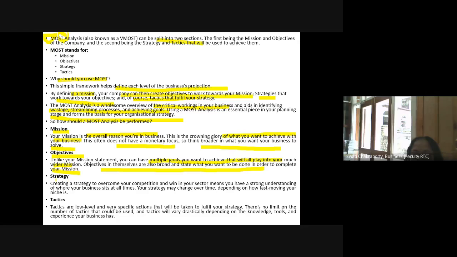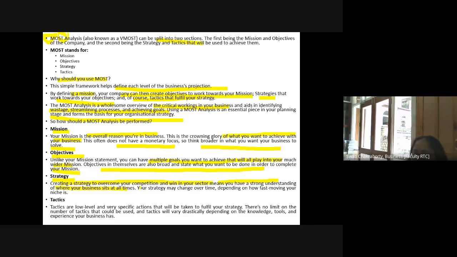Strategy is created to overcome your competition and win in your sector, which means you have a strong understanding of where your business sits at all times. You know where you stand, and that's why you're coming up with a strategy to overcome the challenges and win.